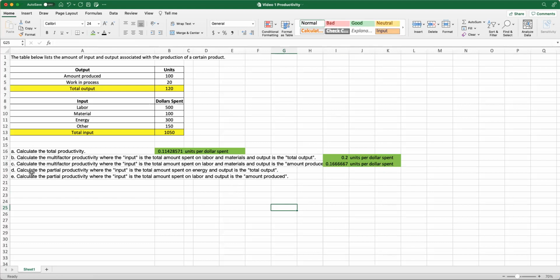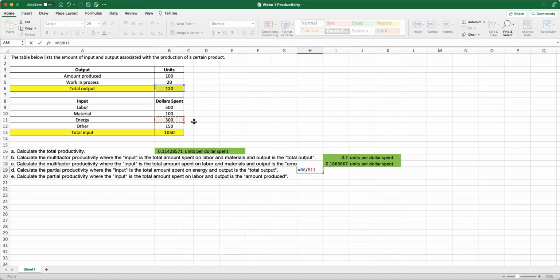So let's look at part D. It says the partial productivity, right? So partial productivity focuses only on a single input. And the input is the total amount spent on energy. And the output is the total amount of output we have. So, okay, I will look at the total output amount, which is 120, and we will divide it by the amount spent on energy, which is $300, right?